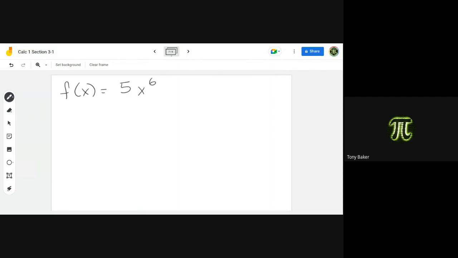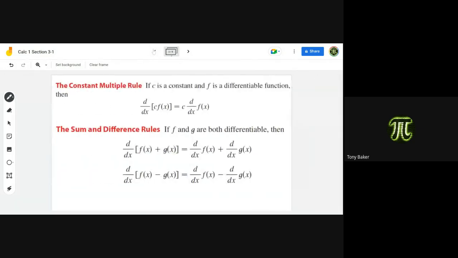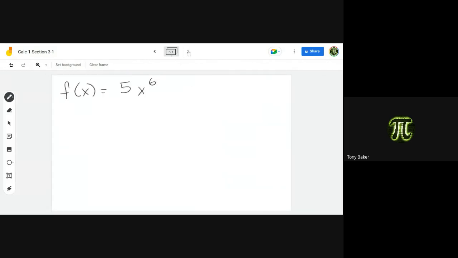All right. So we've got f of x equals 5x to the sixth. The constant rule at the top states that I can look at this as 5, and then I can do my derivative of x to the sixth.